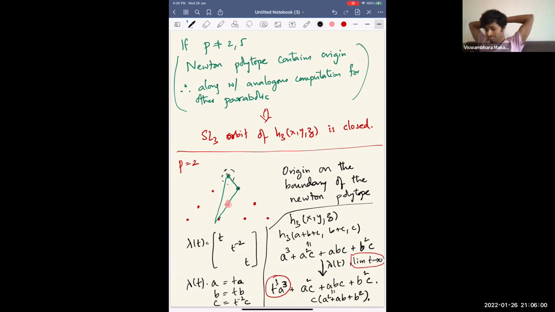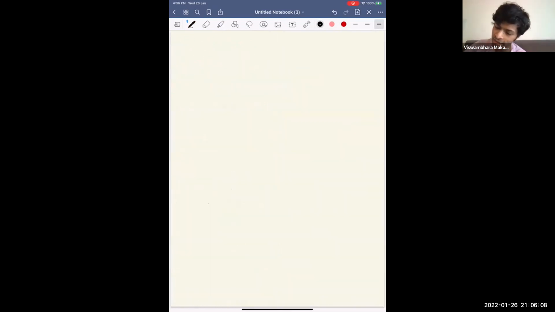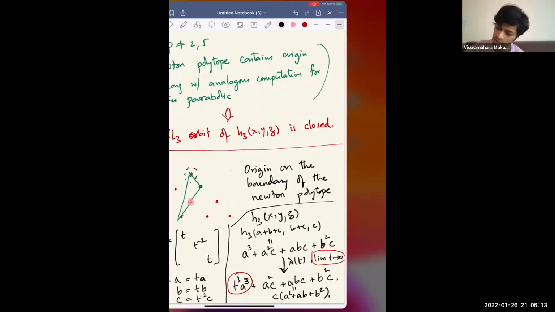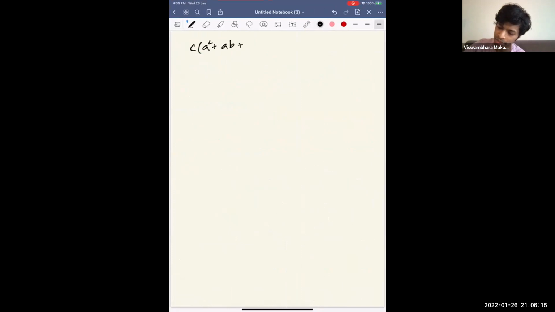And then you somehow guess or check that, okay, so what is the conclusion here? The conclusion here is that C times A squared plus AB plus B squared is the limit as t goes to 0 of lambda t of H3 of XYZ, whatever it is. So this thing is in the orbit closure.